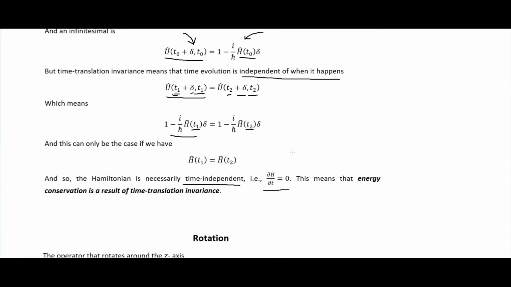And I guess you could obviously say that the Hamiltonian is going to commute with itself, and so that Ehrenfest theorem is going to be 0. This means that energy conservation is a result of time translation invariance. Because remember, the Hamiltonian is telling us the energy of something. And so the energy conservation is a result of this time translation invariance.